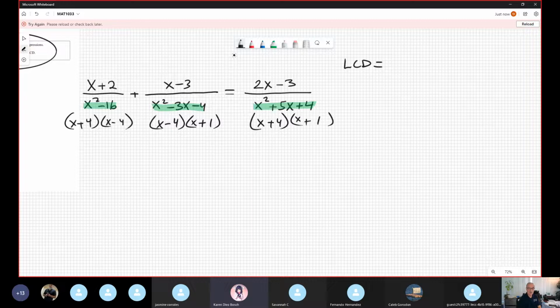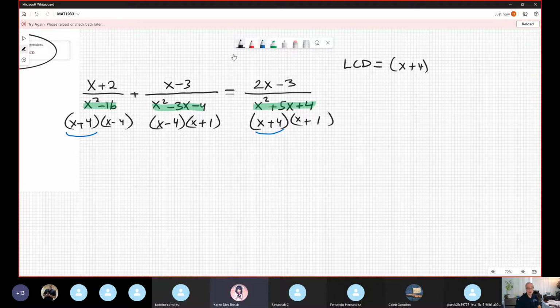You have, for example, x plus 4. I see it here and here. It's repeated, but you take it only one time. As you have in one expression x plus 4 squared, you take 2.